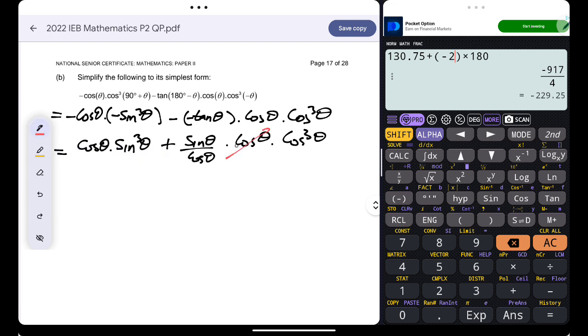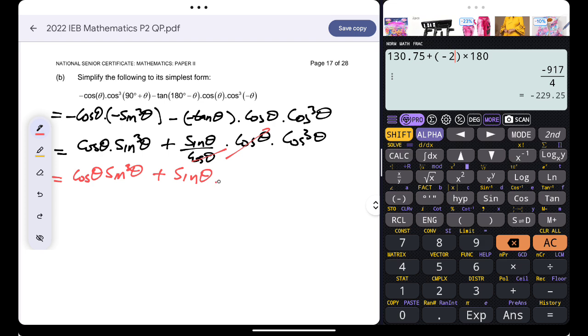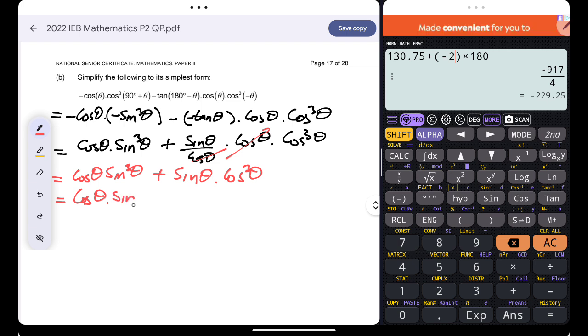What will happen is that this will go with this one, right? And then I will have cos theta plus sine theta. Okay, I can take out a common factor here. I have a common factor of cos theta and sine theta.